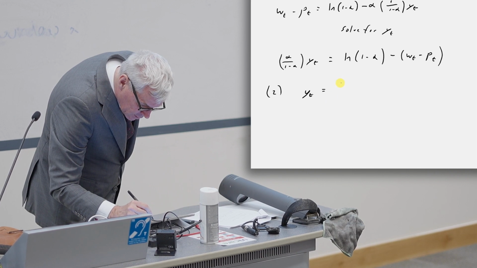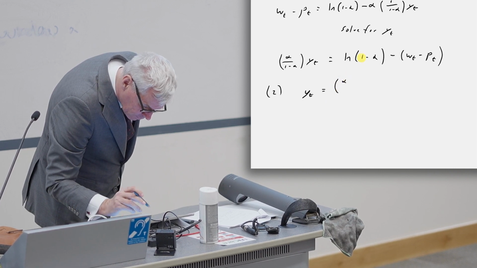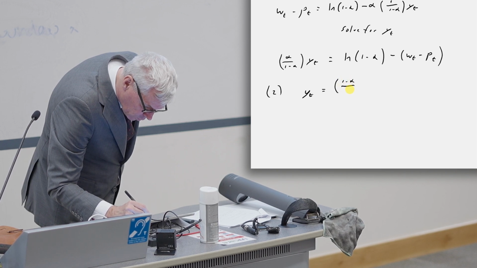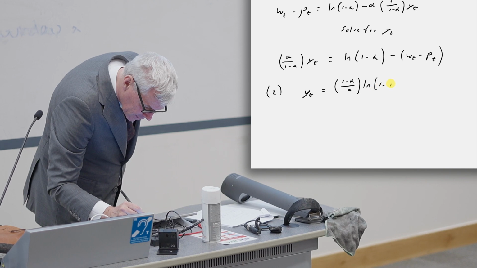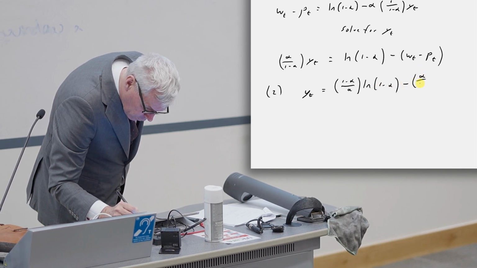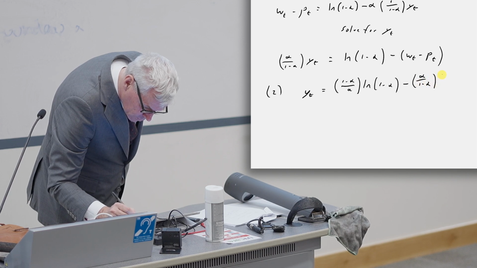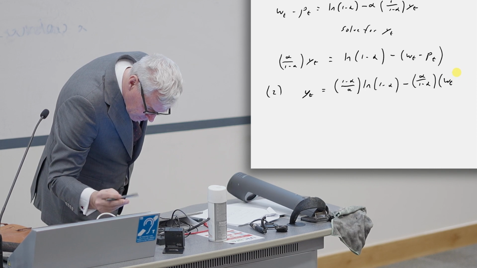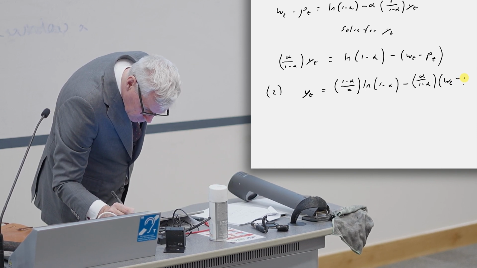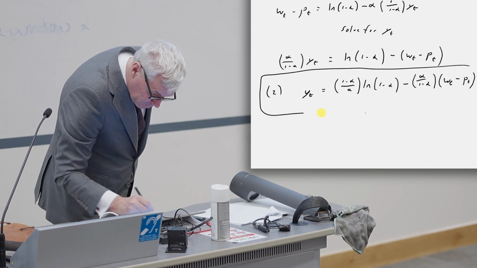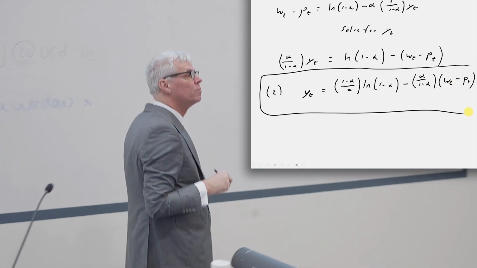It's going to be 1 minus alpha over alpha ln 1 minus alpha minus alpha over 1 minus alpha Wt minus Pt, the minus clear. Okay. And that's going to be an important equation for us.